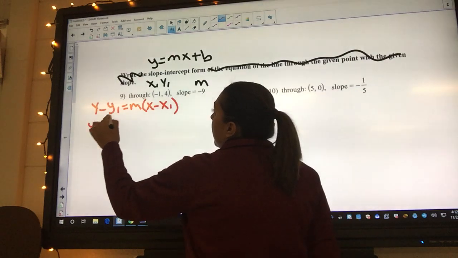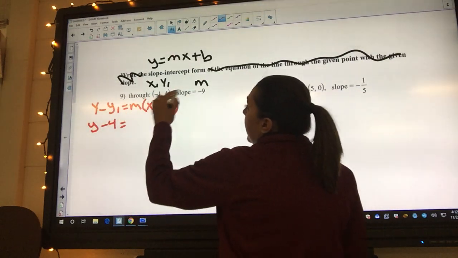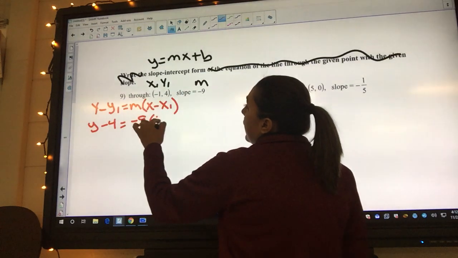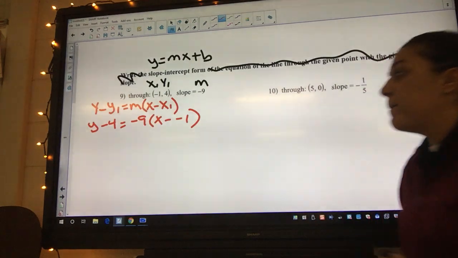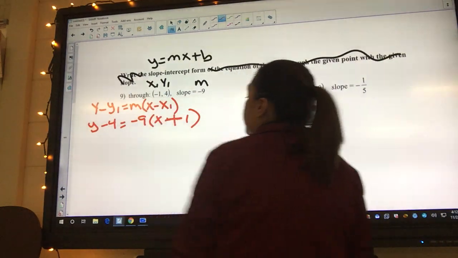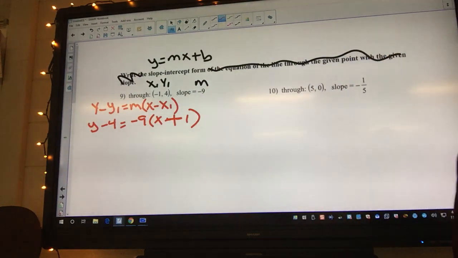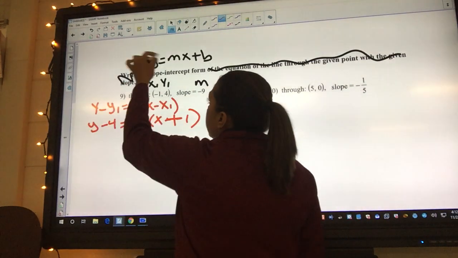So we got y minus y1, which is 4, equals m, which is negative 9, times x minus my x1, which is negative 1. I can change these minuses to a plus. Right now this is what it looks like, and it's point slope form, but we're trying to get it in slope intercept, which means I need to get this y all by itself.